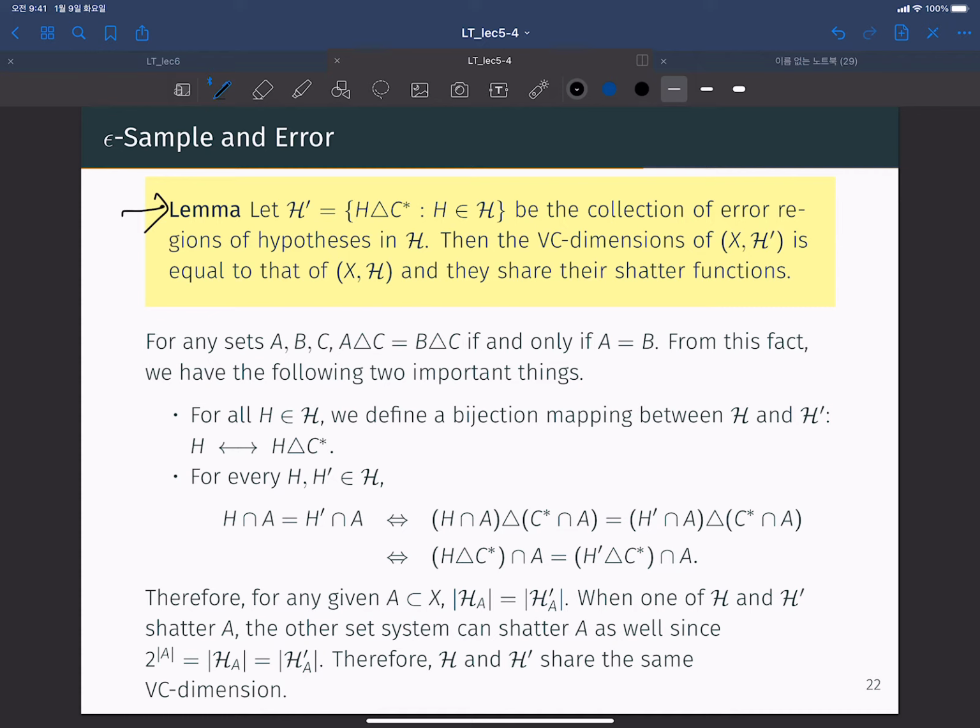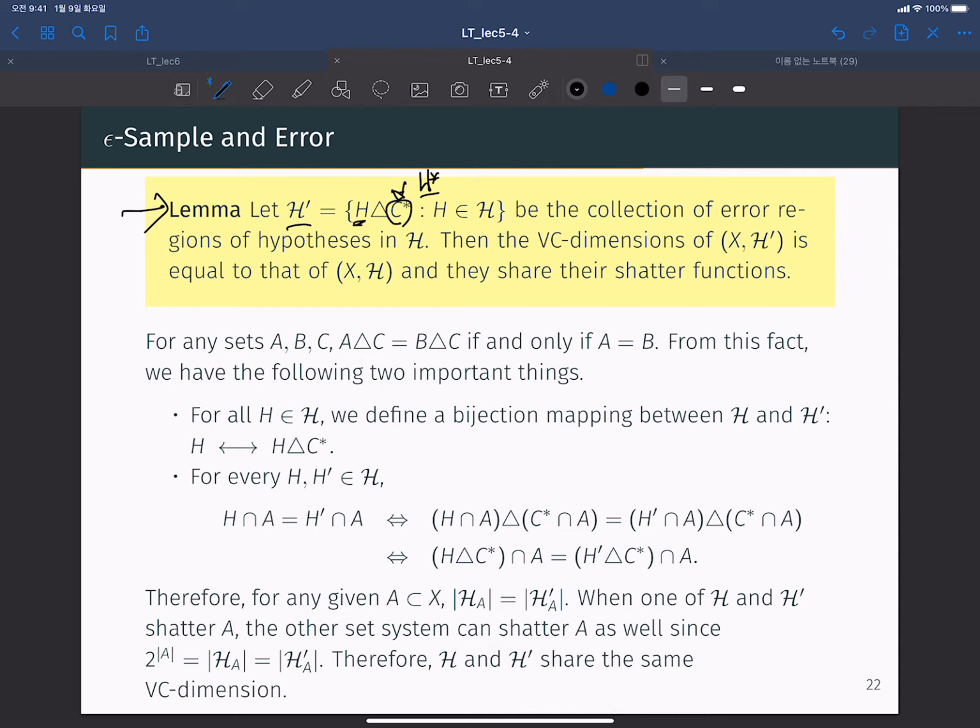Let H prime be a new hypothesis class, defined as the set difference between any hypothesis and a given hypothesis. It can be any set, or it can be any hypothesis, so it can be H star, the ground truth hypothesis.